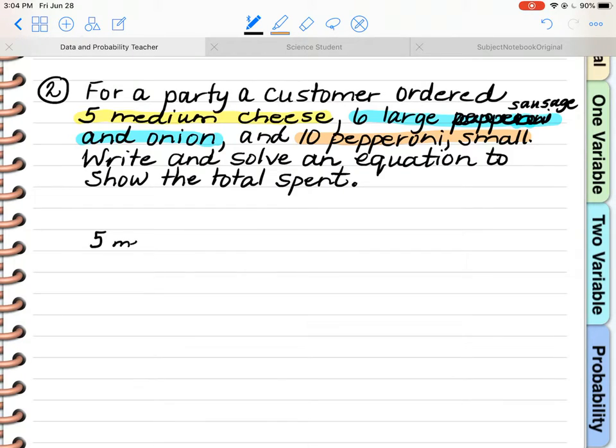5 medium cheese plus 6 large sausage onion, and I did it again, sausage onion, plus 10 small pepperoni.